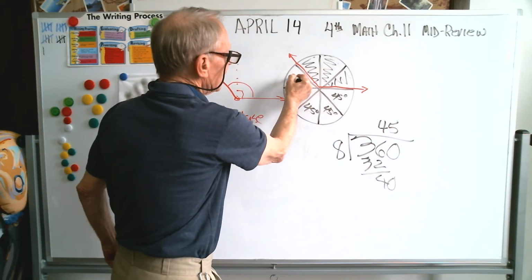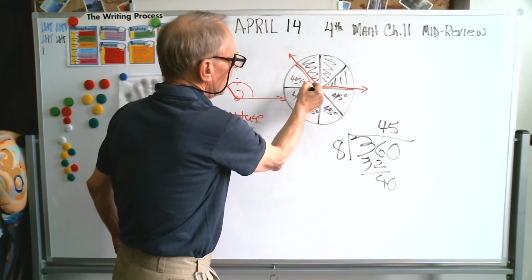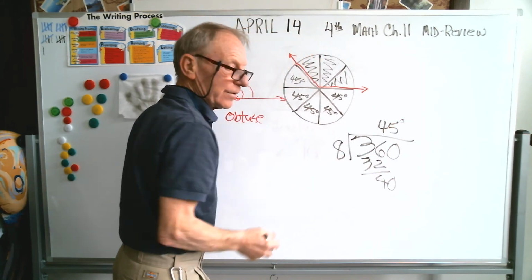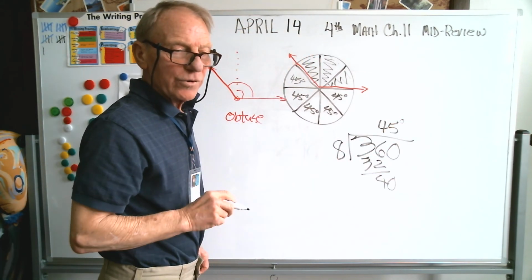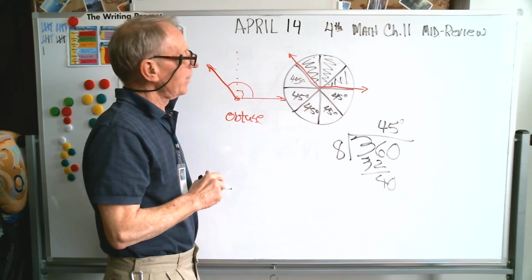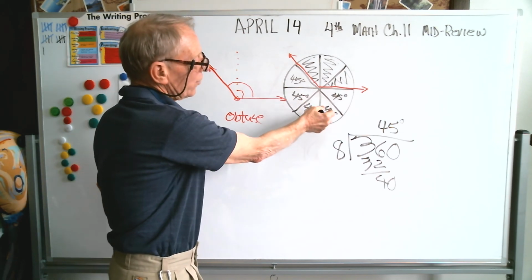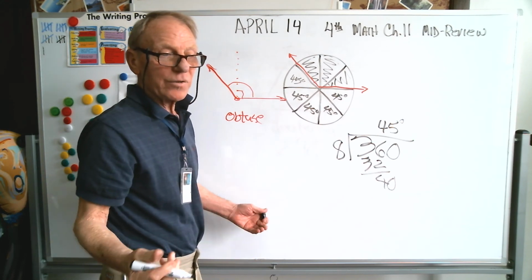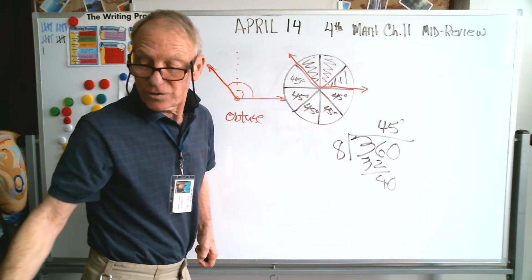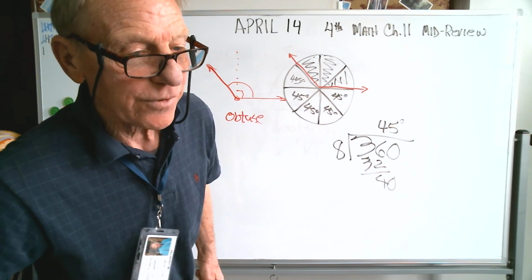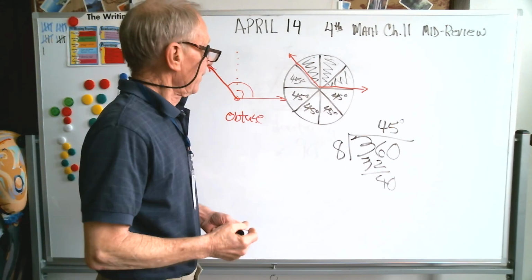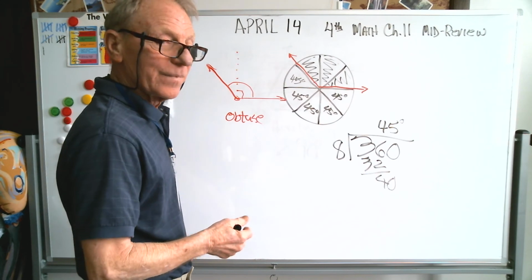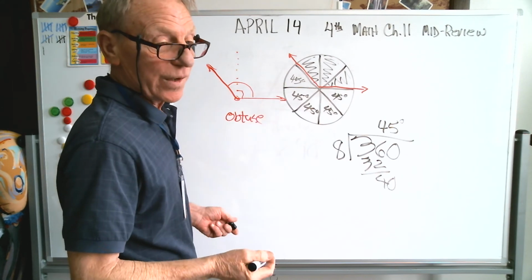So if each one of them is 45 degrees, we figured that out by doing the math to discover what one of those sections would measure. So if we take 3 of them, it would be 45 plus 45 plus 45, which is 135 degrees. Got it? Or 3 times 45.